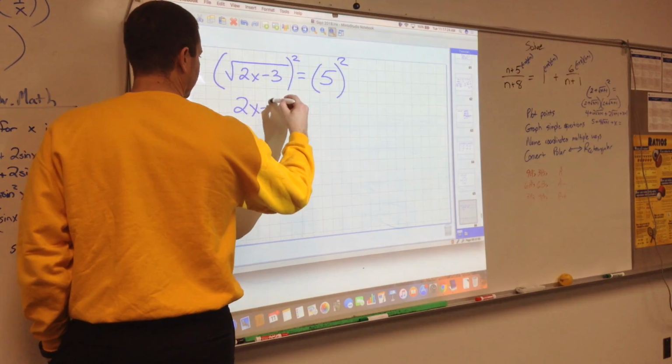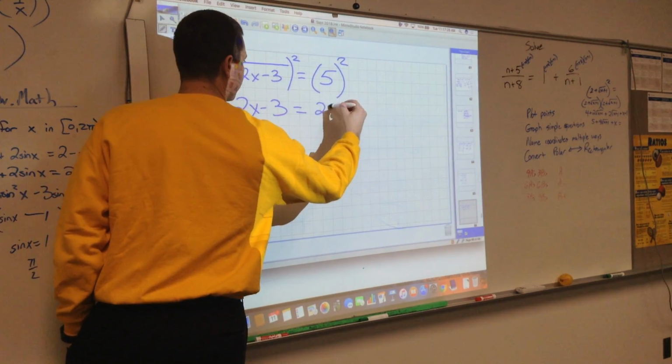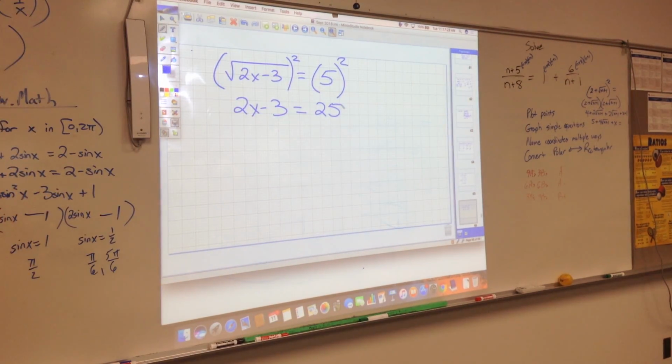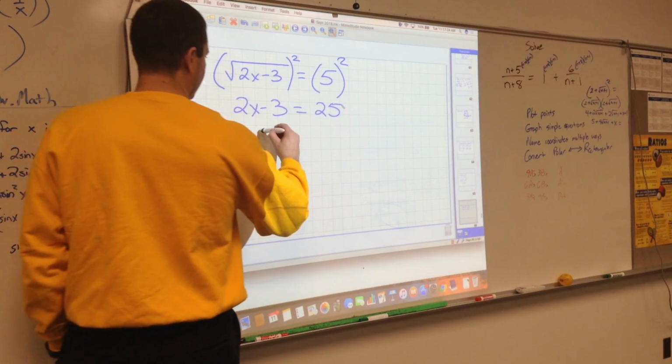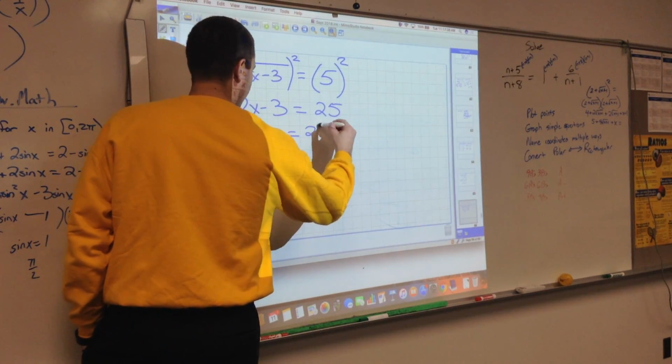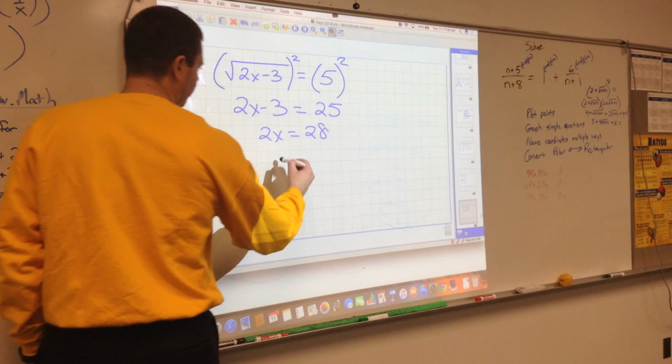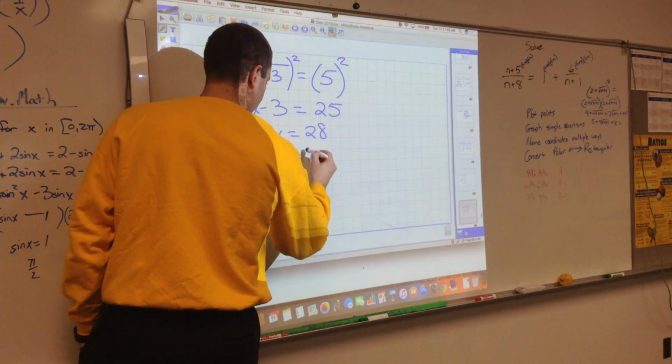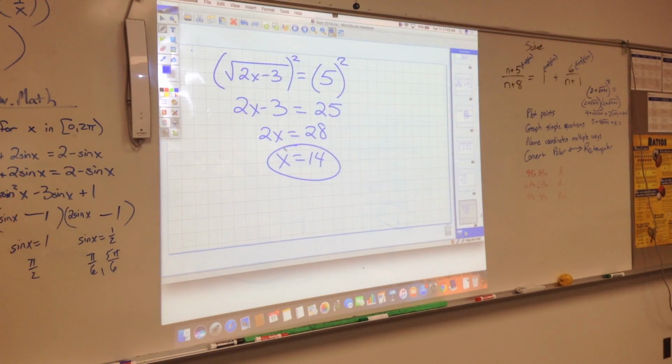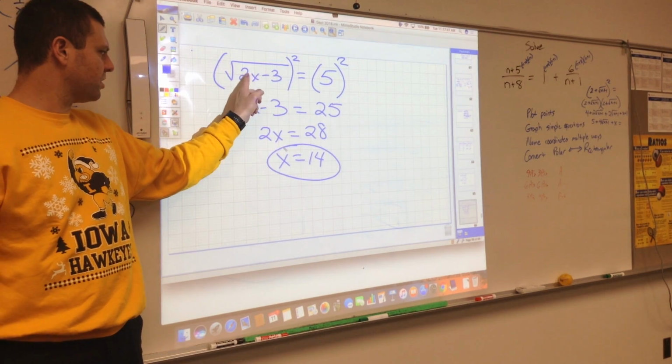All I have is 2x minus 3 equals 25. Add 3 to both sides. Divide by 2, get your answer, right? So add 3, you get 28 over here. Divide by 2, you get 14. Always check your answer, make sure it works. 2 times 14 is 28.